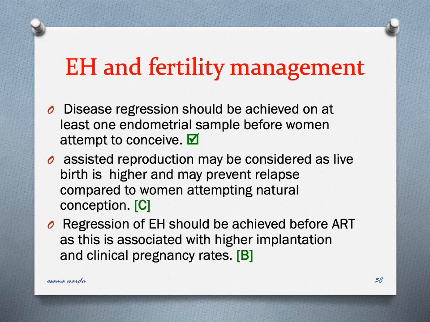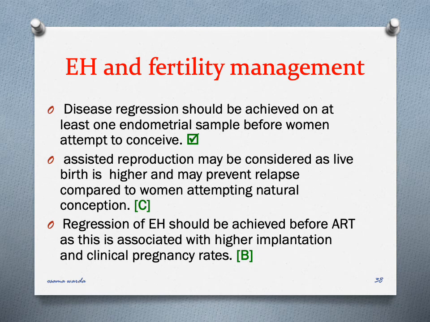Endometrial hyperplasia and fertility management. Disease regression should be achieved on at least one endometrial sample, not 2 endometrial samples, before women attempt to conceive.